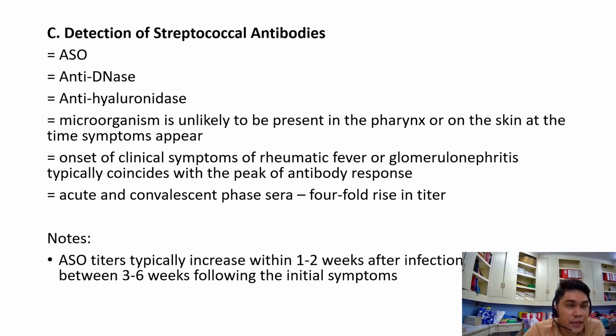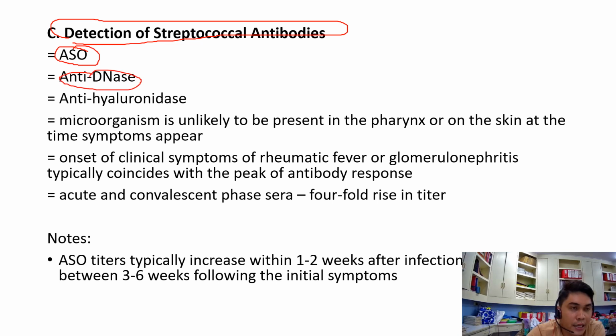Next is the detection of streptococcal antibodies. For example, you have anti-streptolysin O, anti-DNase, and anti-hyaluronidase. The microorganism is unlikely to be present in the pharynx or in the skin at the time symptoms appear.